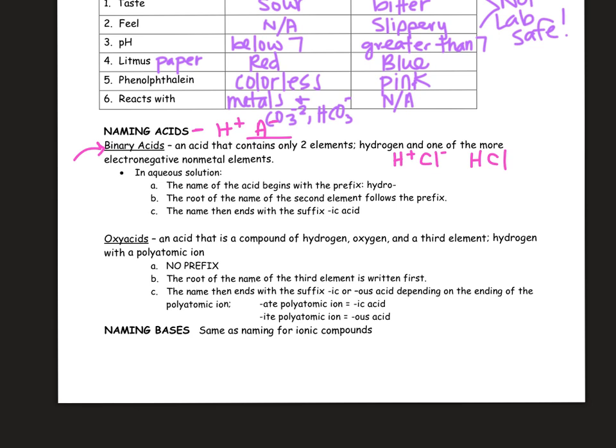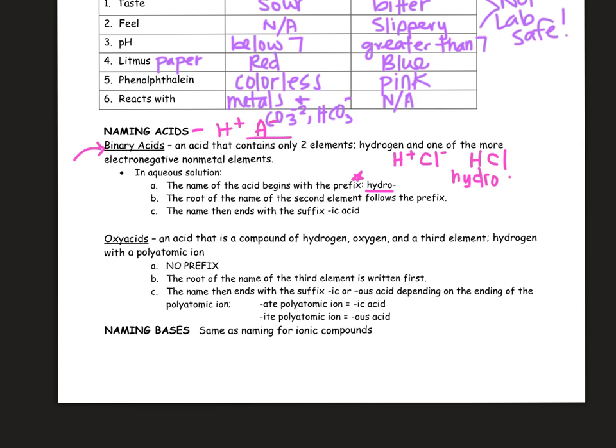Then in an aqueous solution, when you are naming a binary acid, you use the prefix hydro. This is the only time you use it, if it's a binary acid. So here I would see that single element and I would say hydro, okay? And then the root of the name is the second element. So your root is always going to be based on that element, the chlorine or the sulfur, whatever it is.